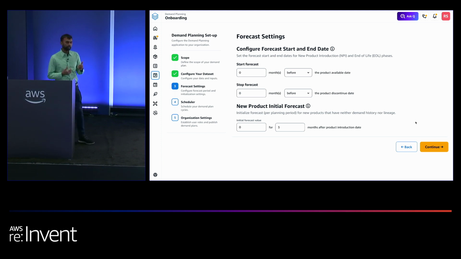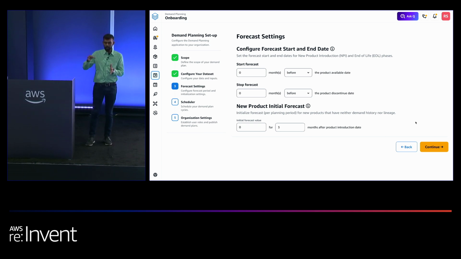Now, you might wonder, not all products are treated equally, right? You might have certain products which from the beginning of time keep recurring in your day-to-day operations, and then you have certain products which are new products that you are looking to launch maybe a week from now, a month from now, and so on.